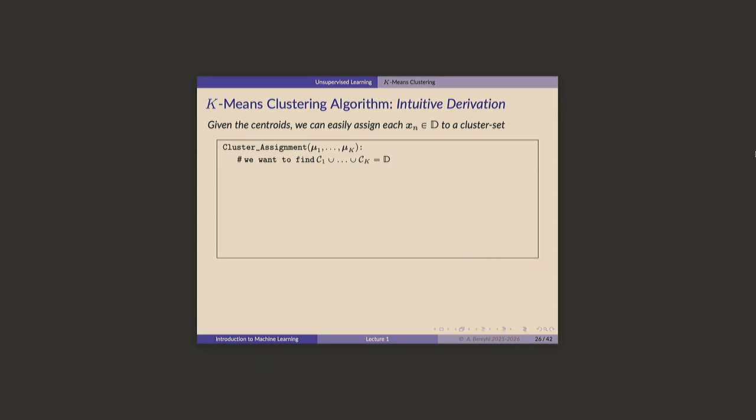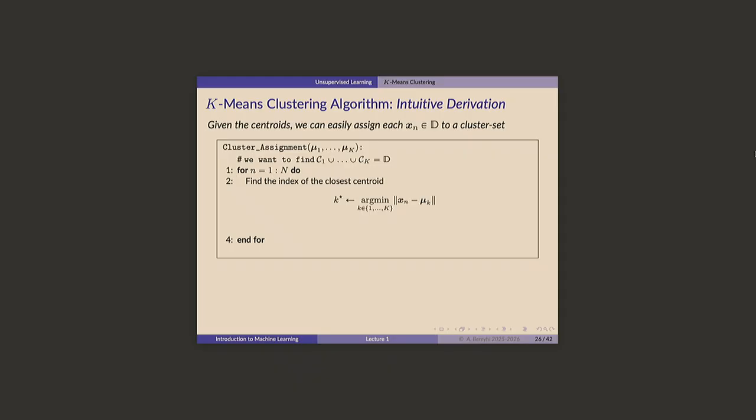And every single one of them belongs to one of the clusters. What I do is start with the first sample and keep going. For every sample, I check, based on those centroids, which centroid is the closest. I take that one as my cluster. That is basically the model that we considered.